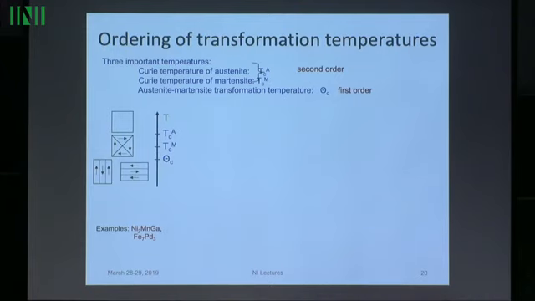Again, I make the temperature axis vertical, and you imagine this is an austenite phase, and we're going to consider the case with a phase transformation, of course. What could happen is you could first ferromagnetically order. I draw a schematic domain structure picture, and then you could have a phase transformation. The martensite transformation temperature could be below the Curie temperature, so you could transform from ferromagnetic austenite to ferromagnetic martensite.